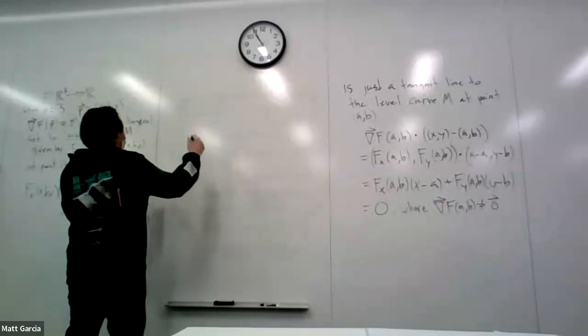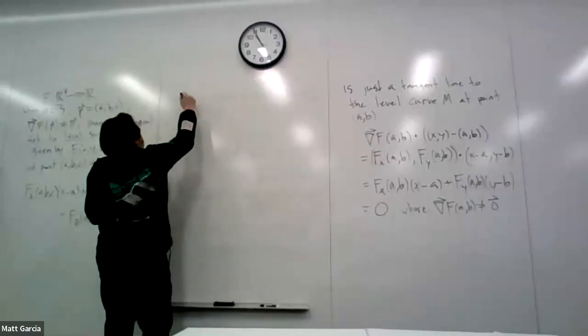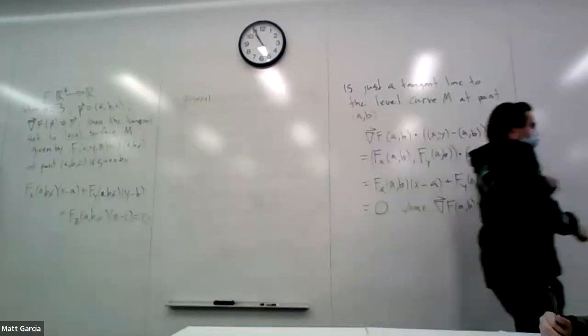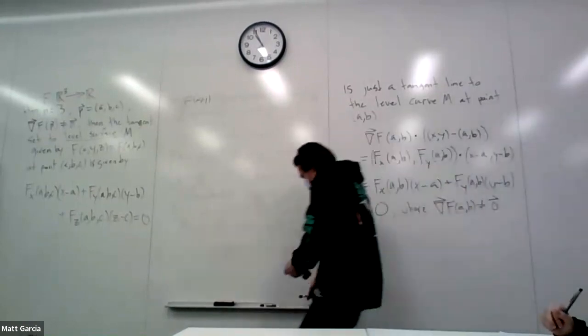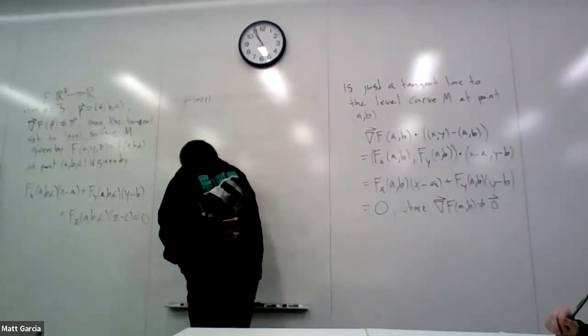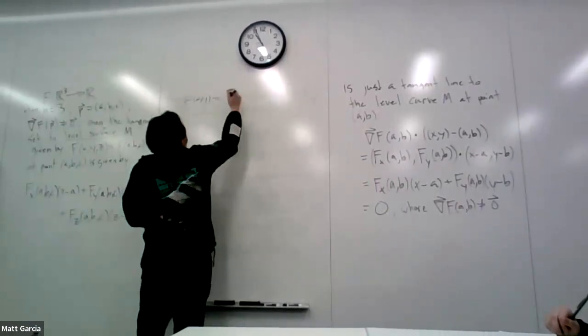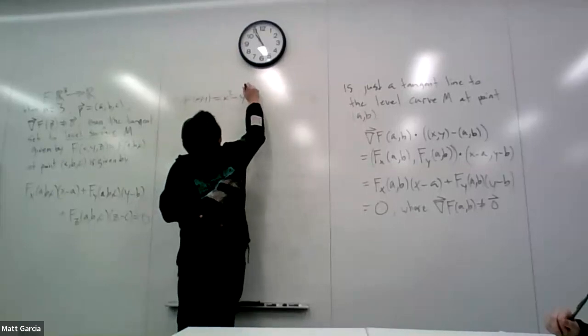Okay, so my marker's dry. So let's look at what is rapidly becoming our favorite example. f of x, y equals x squared minus y squared.